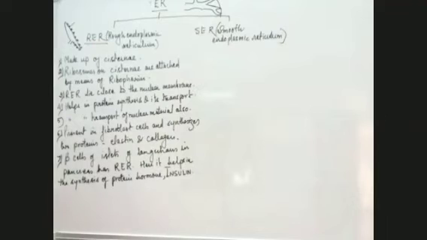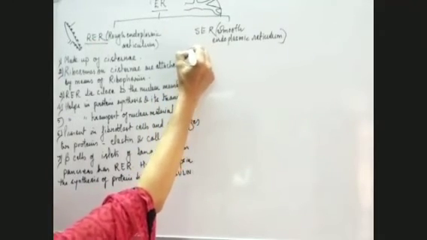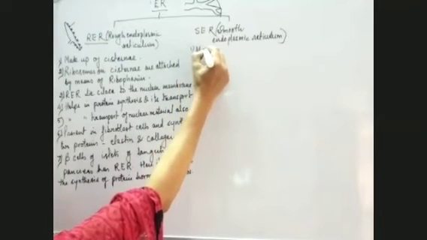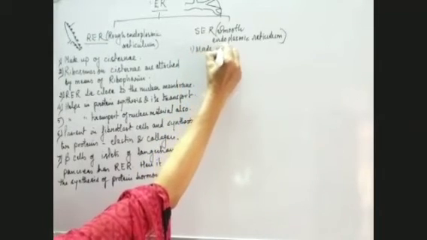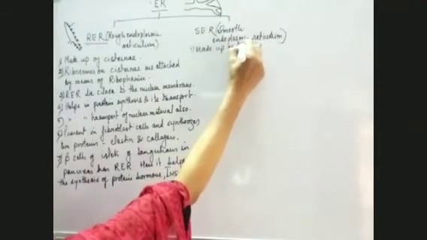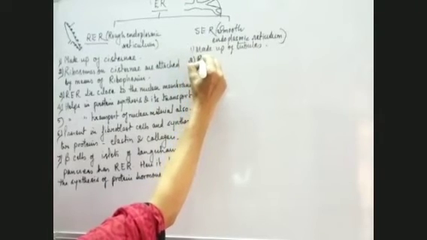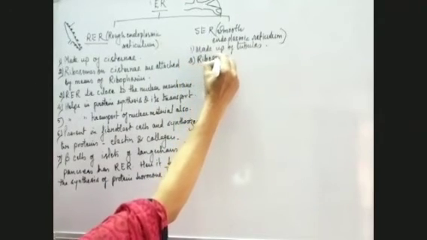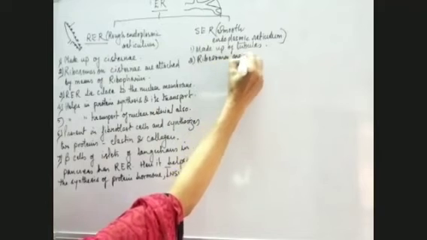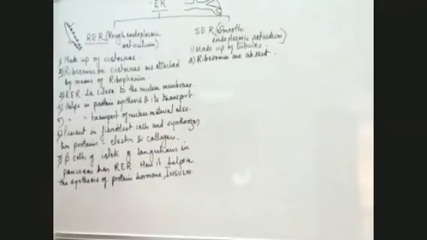So the first point is: made up of tubules, ribosomes absent.